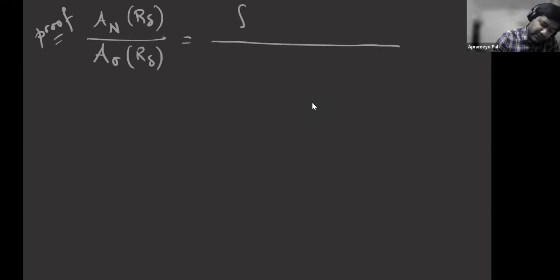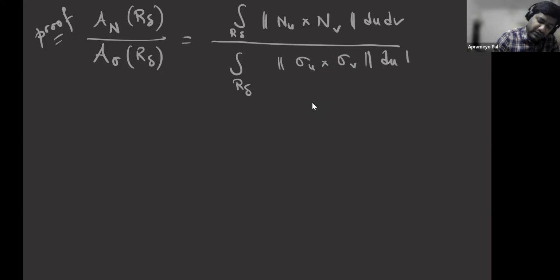A_N of R delta divided by A_sigma of R delta is nothing but the integral over R delta of the norm of N_u cross N_v du dv, and in the denominator you have the norm of sigma_u cross sigma_v. This you have seen last week.